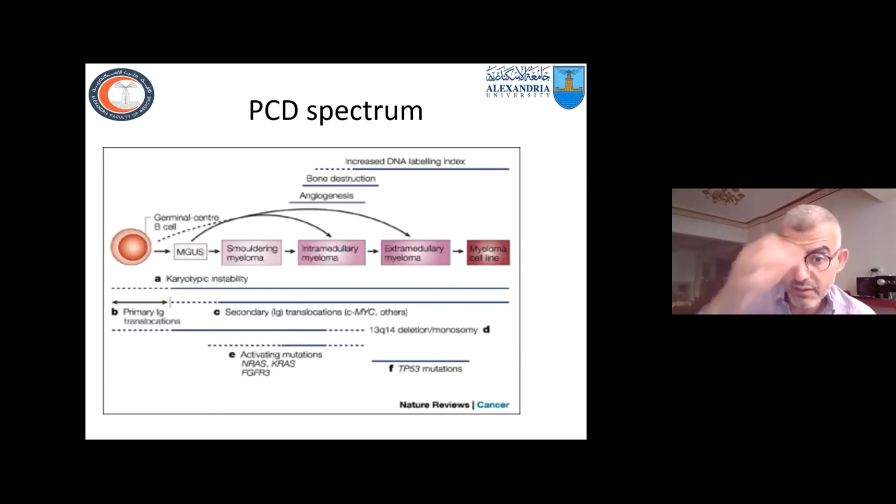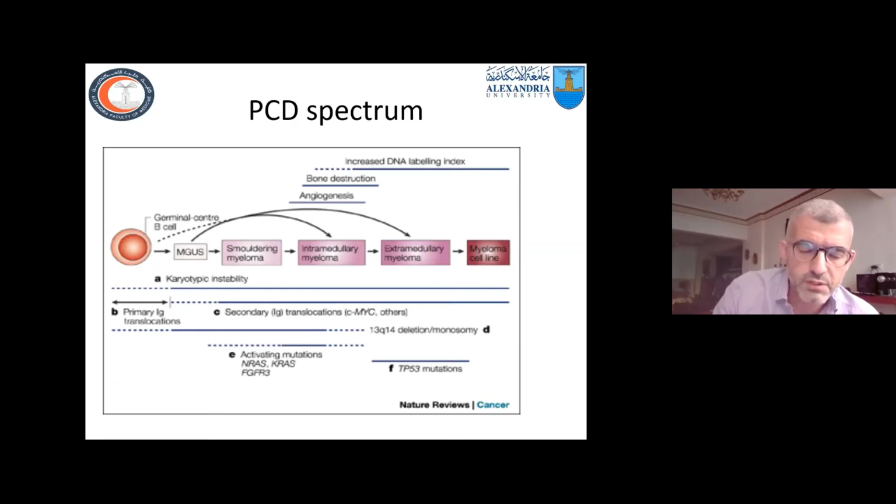Again, this is a cartoon displaying the progression of the germinal center B-cell, which initiates the plasma cell dyscrasia spectrum. The progression that we can see from the MGUS to the smoldering myeloma, in the intramedullary and the extramedullary, and then having a medullary cell line. We usually have primary immunoglobulin translocations.